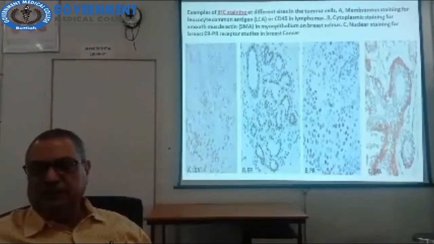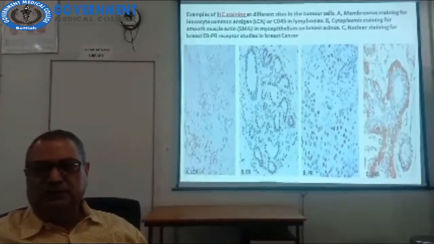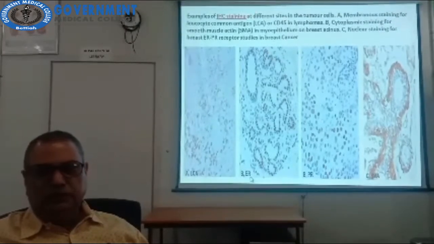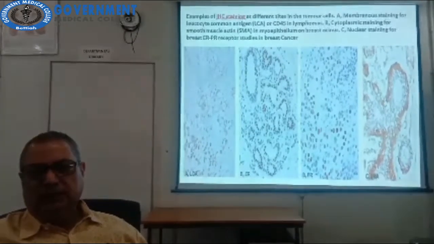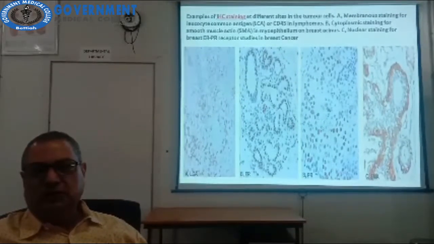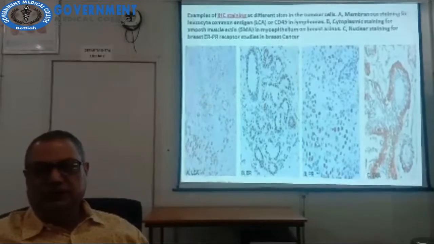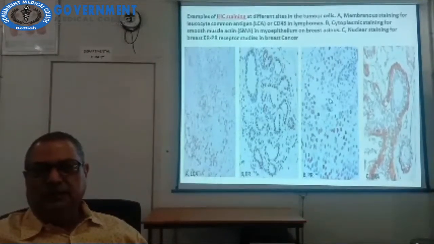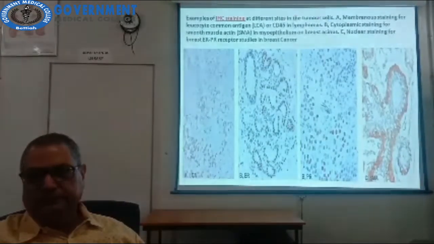Then nuclear stains, like estrogen receptor positive in breast cancers, and nuclear staining for progesterone receptor, for nuclear material in breast carcinoma.